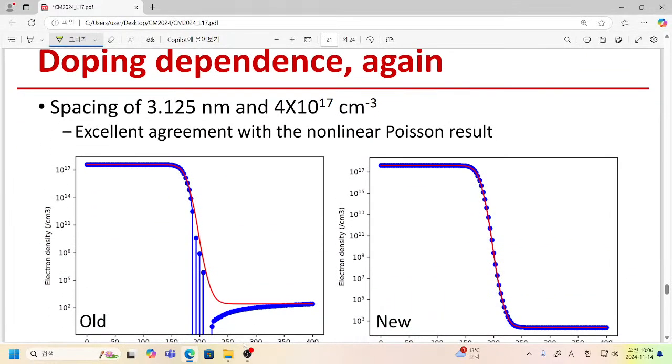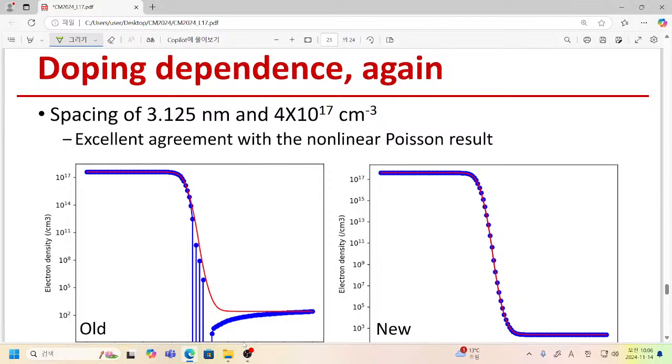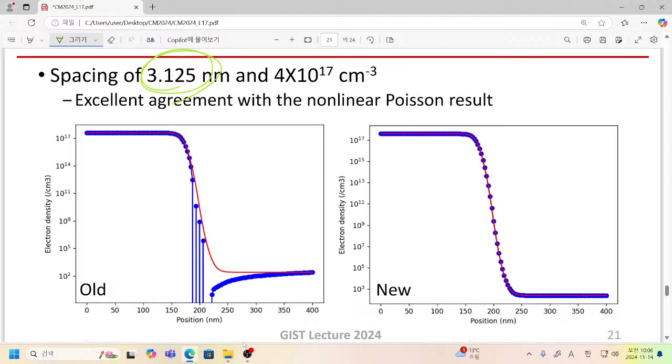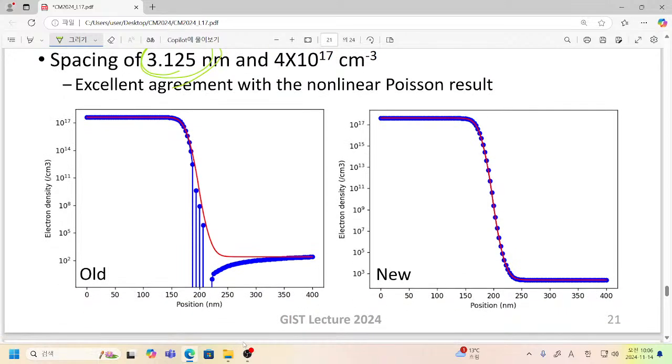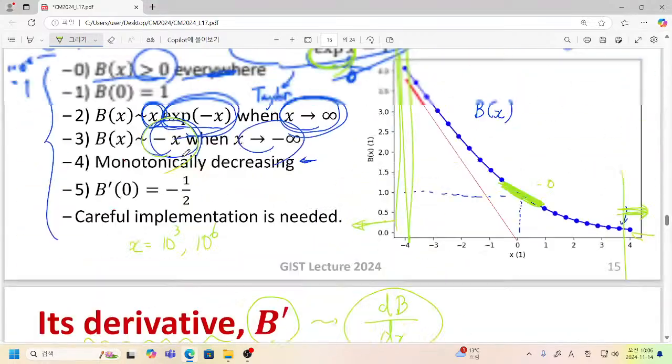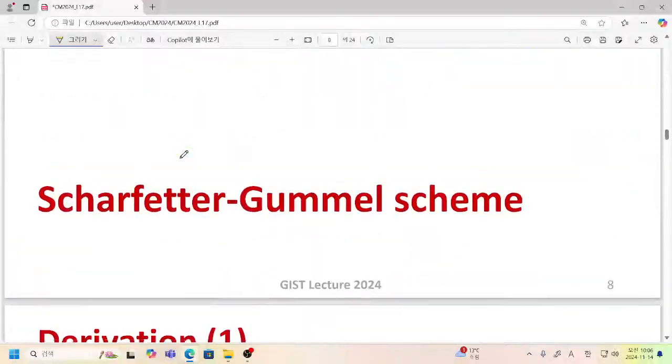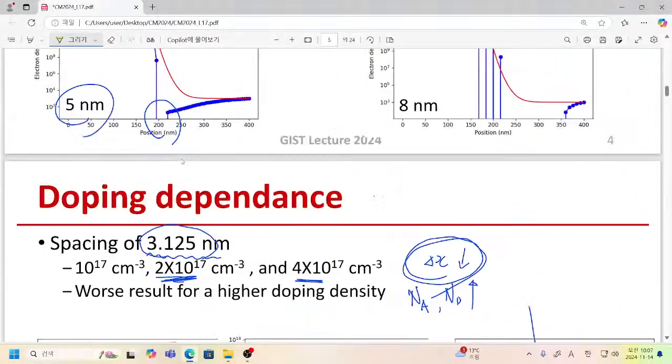And how about the doping density? We have used a relatively relaxed value, and previously you have seen that with 10 to the 17 it did not give us a negative value. So let's come back to our previous one.